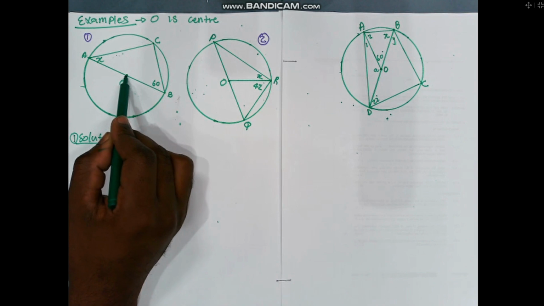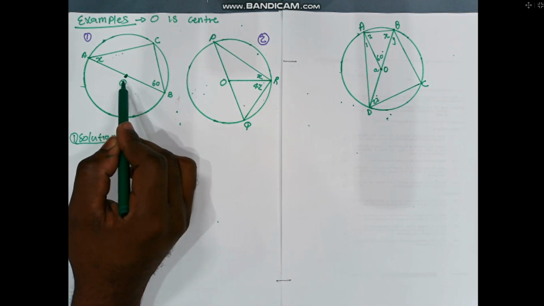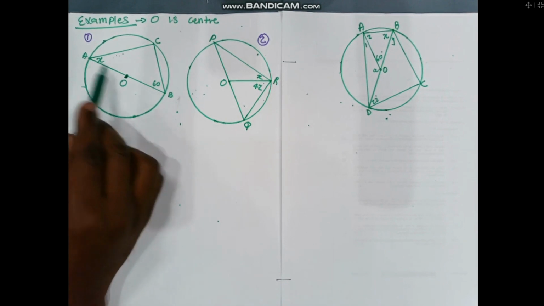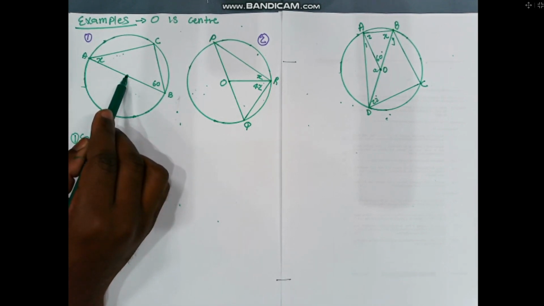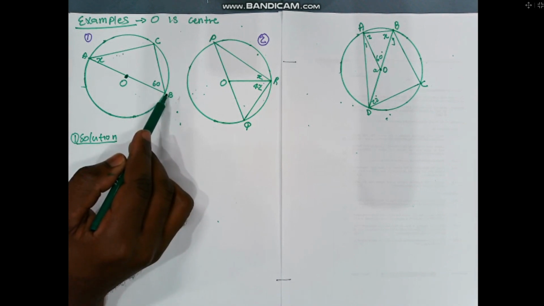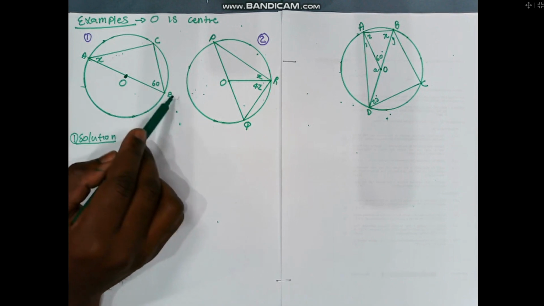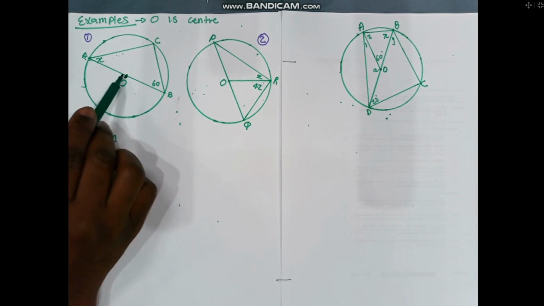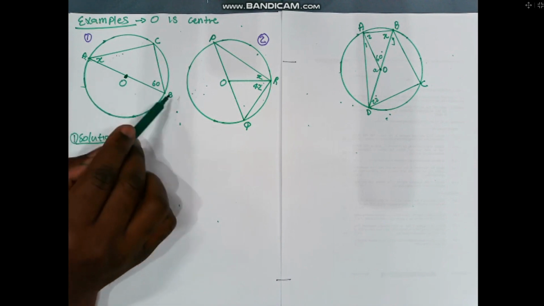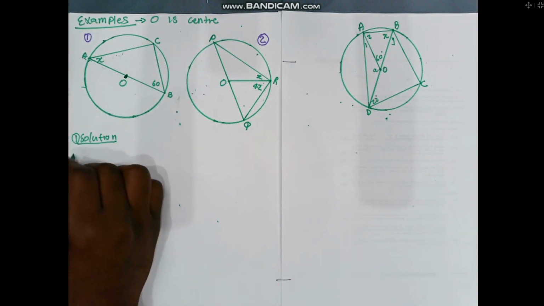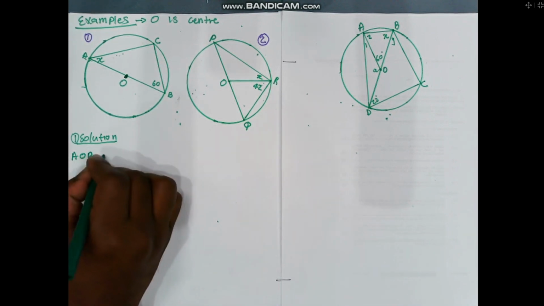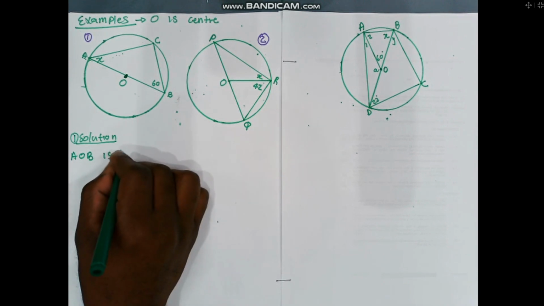If I know O is a center, from theorem number 1, I need to check, do I have any radius? Yes, I do. O is a radius, and then another OB is a radius, and these radii are passing through the center here. So AOB is the diameter.